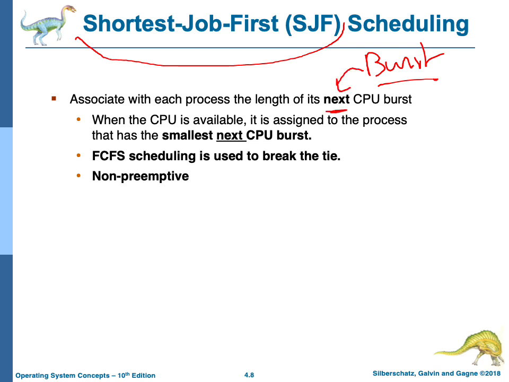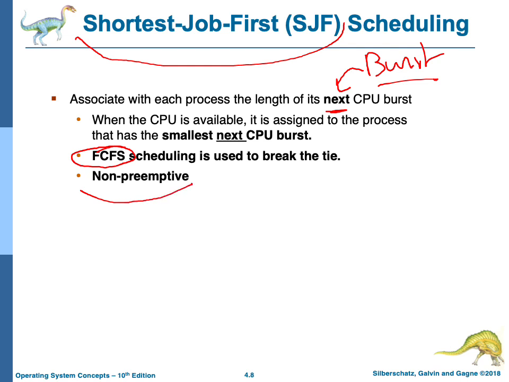So it will always choose the smallest next CPU burst time process to run first. Now, if we have a tie, if two processes have exactly the same next CPU burst time, then we can use the order of arrival. We can use first come, first serve to break the tie.